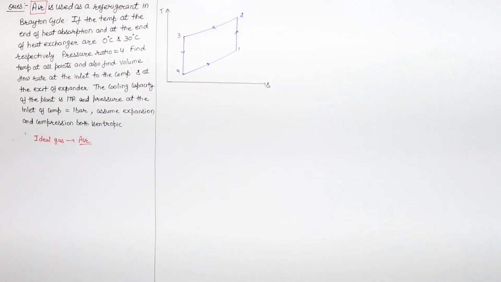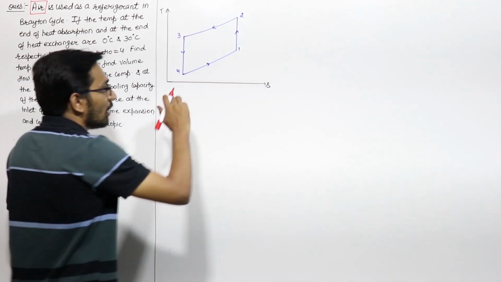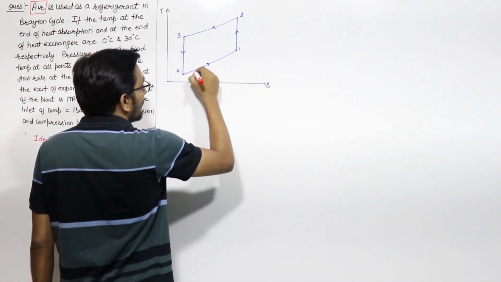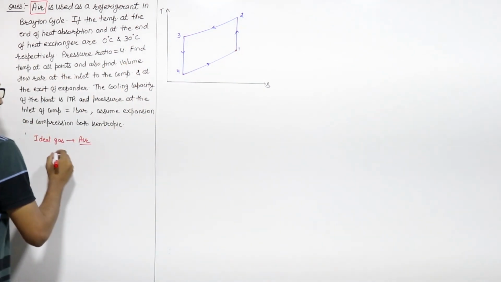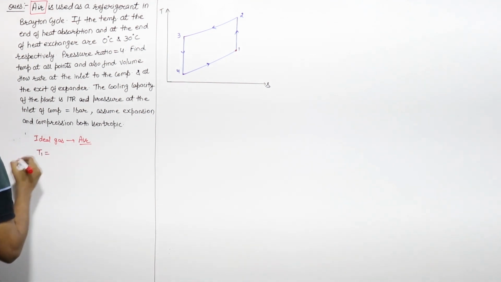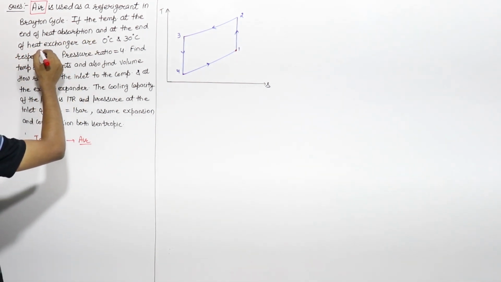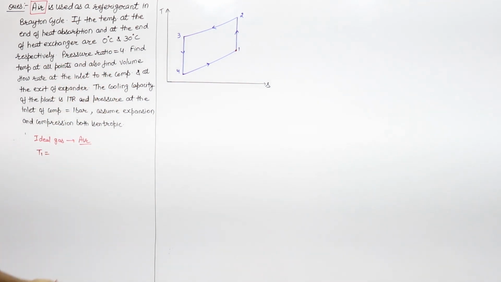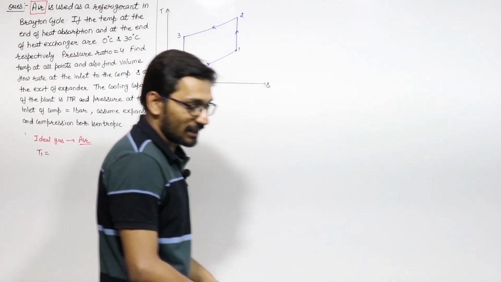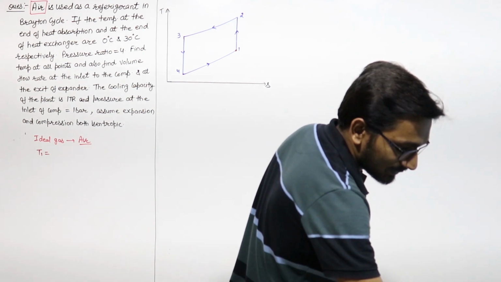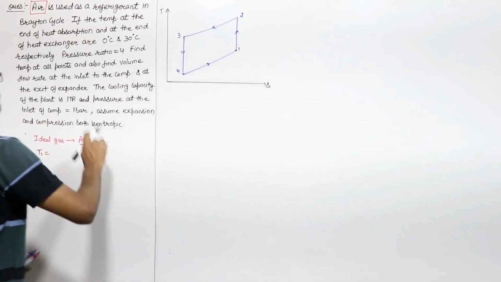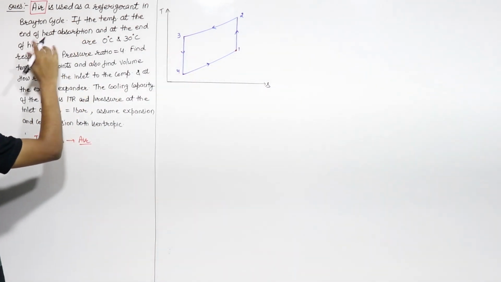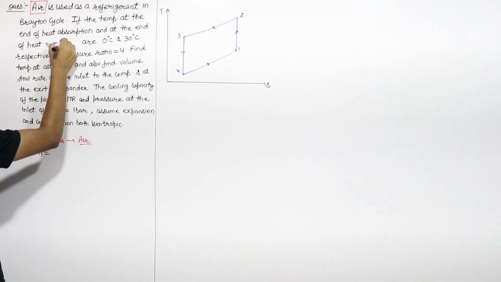If the temperature at the end of heat absorption, this one, heat is absorbed in this process, that means T1 is given. And at the end of heat rejection, not exchanger, I made a mistake here.